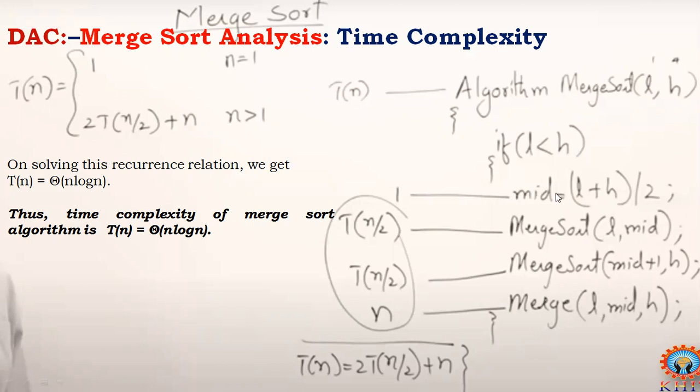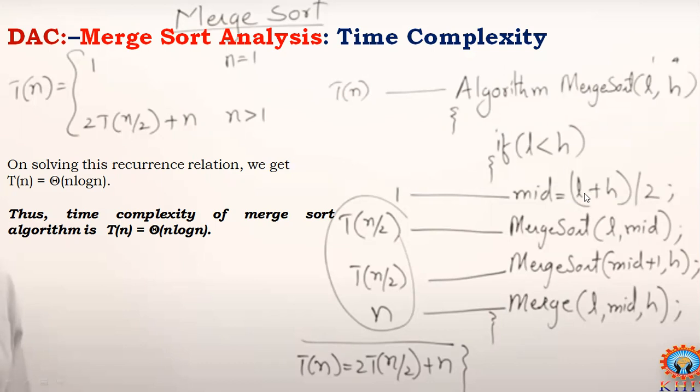The mid value is calculated as follows: first array index value plus last array index value divided by 2. Once the mid value is found, it is time to divide the given array into two subparts. L is the first element and H is the last array index value, and in between there is a mid.